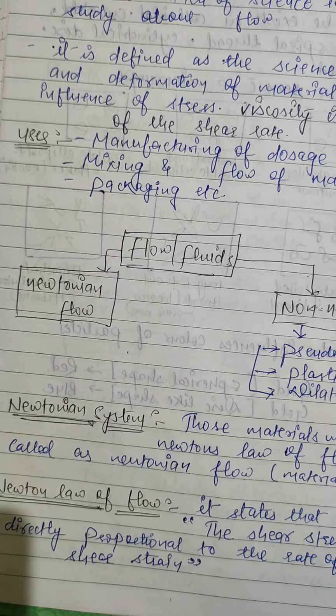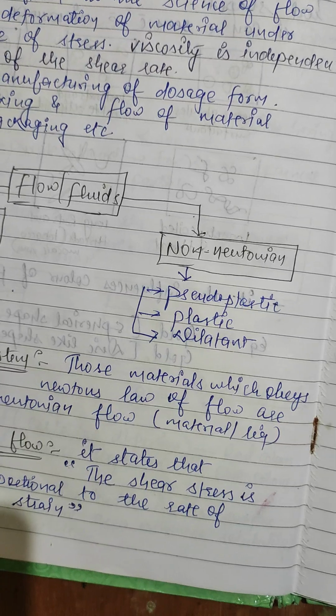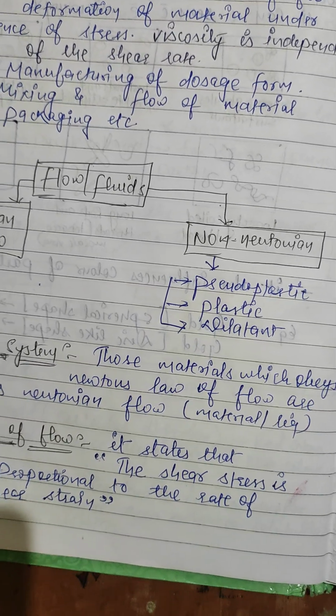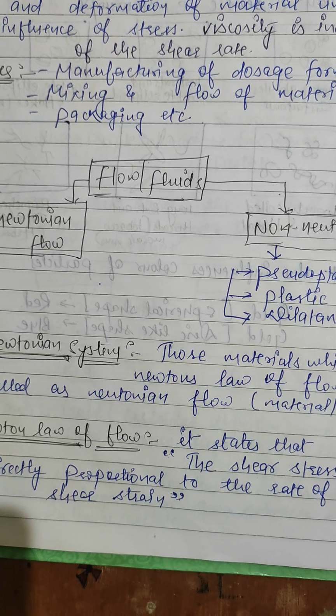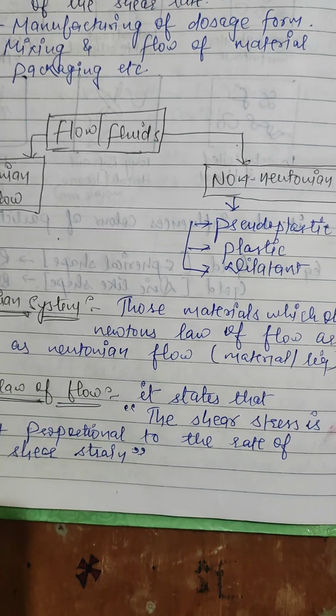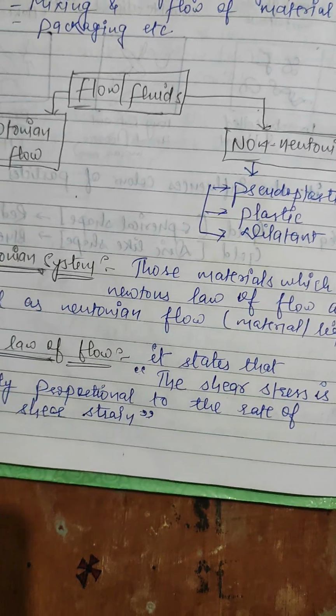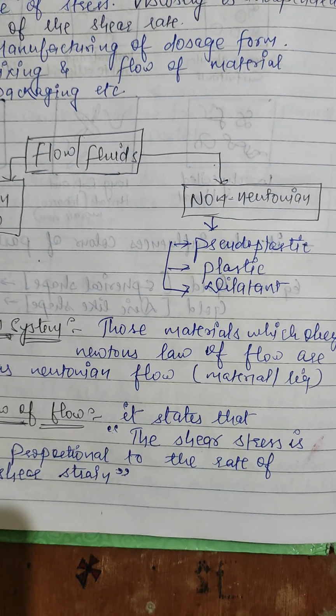There is a law called Newton's law. It states that the materials which obey Newton's law of flow are known as Newtonian flow or Newtonian fluid. Newton's law of flow states that the shear stress is directly proportional to the rate of shear strain.